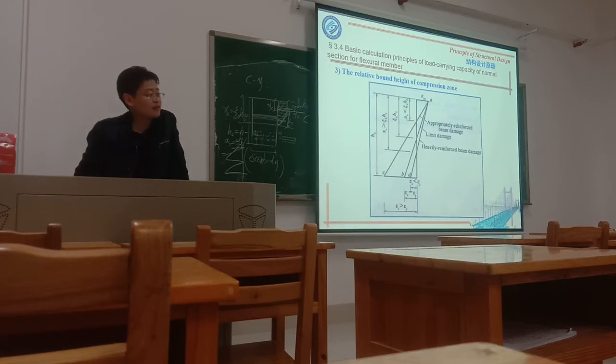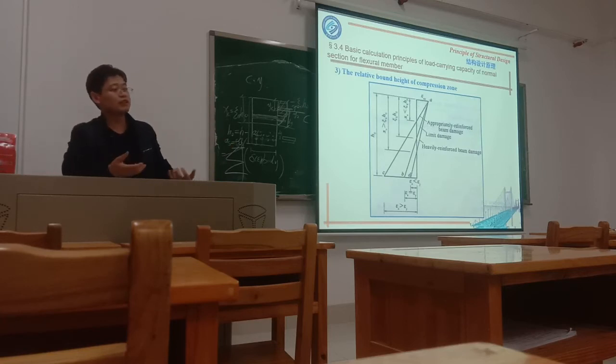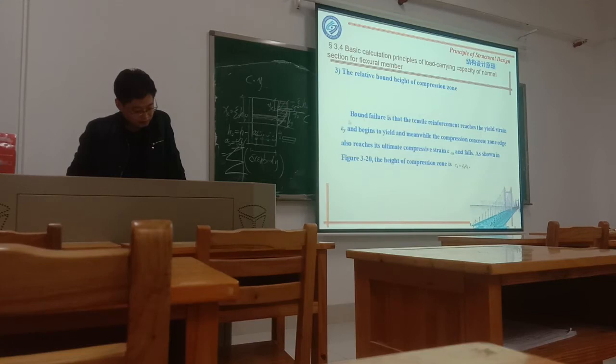The upper part is in the compression zone, the lower part is in the tension zone. So at this situation, the height of the compression zone xb equals kcb h0.